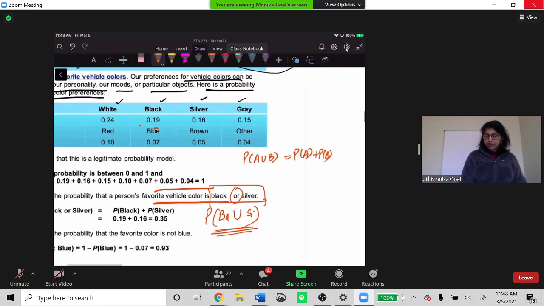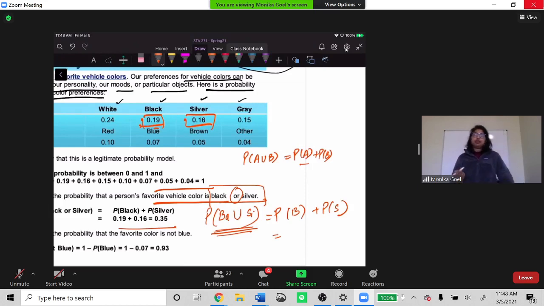So here, the sum of the probability of black and silver. You know how much black is, and how much silver is. Just plug it in and you get it. Questions? So first identify if it is a disjoint event or if you have an intersection part.